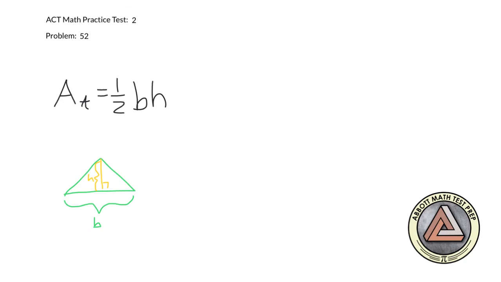But it's important to also remember that the triangle could be turned around so that it looks like this. And maybe the height might be represented as this yellow line here, right?